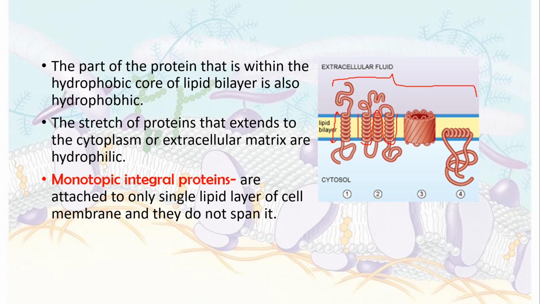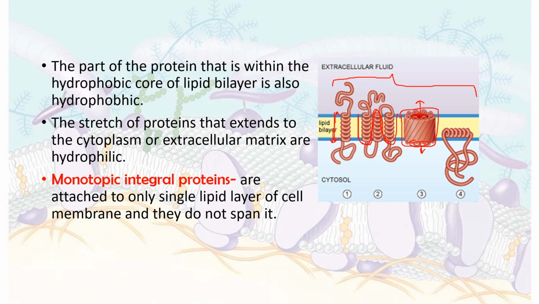We're seeing this particular protein spanning the lipid bilayer multiple times, and this one spanning only once. Some form channels, like this protein forming channels, and this type of protein is also known as channel proteins, which have a hydrophobic tunnel.